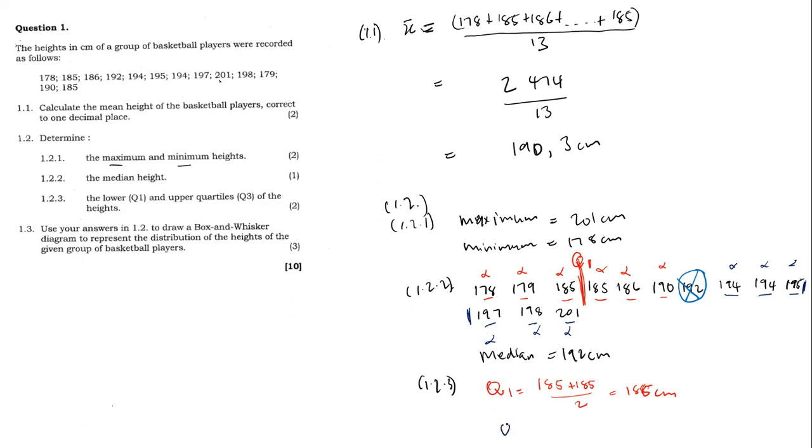We still have to divide by 2 because we use two numerical values. On your calculator, you say 195 plus 197, we get 392, and then you divide by 2, you get 196 centimeters. That's how we solve this question, which is 1.2.